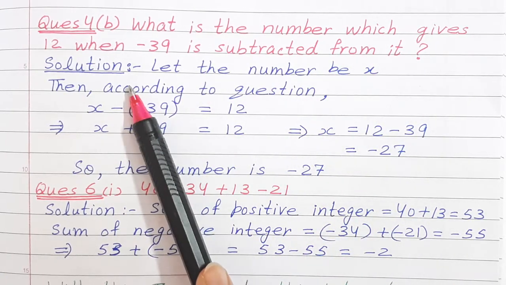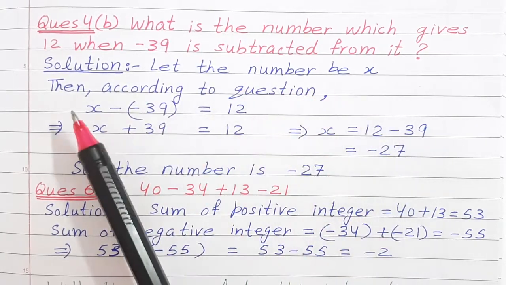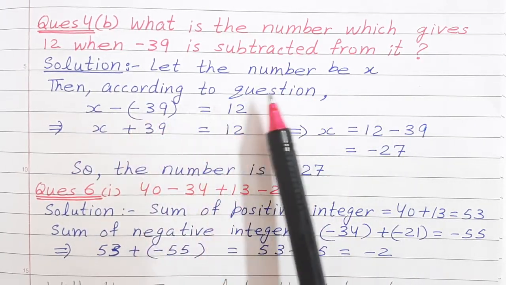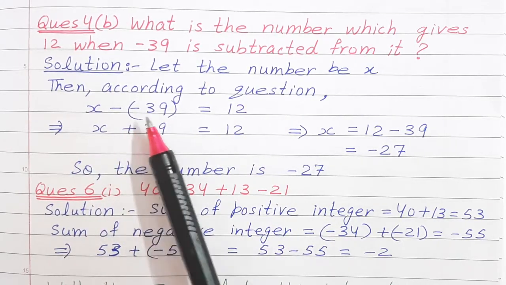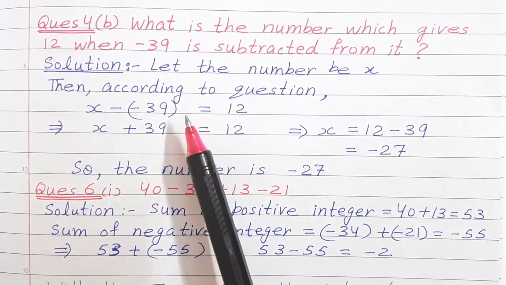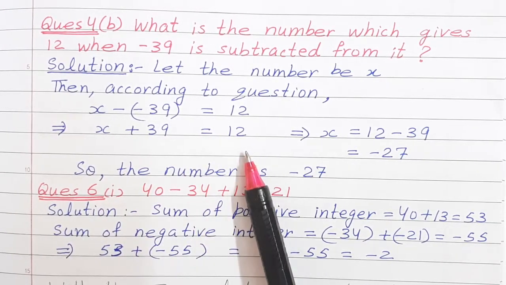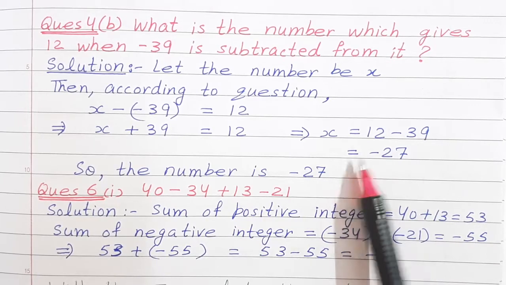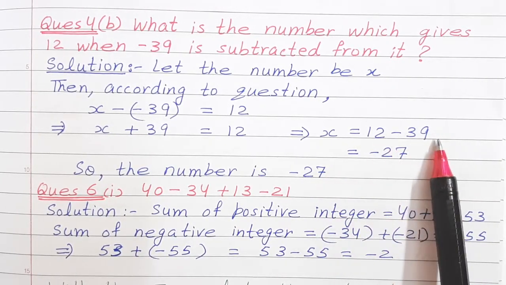So children, let us assume the number to be x. Then according to the question, x minus of minus 39 is equal to 12. So this implies x is 12 minus 39.